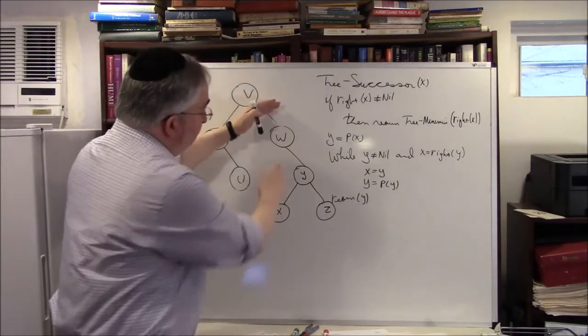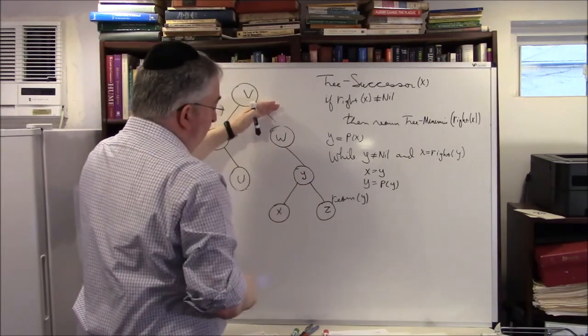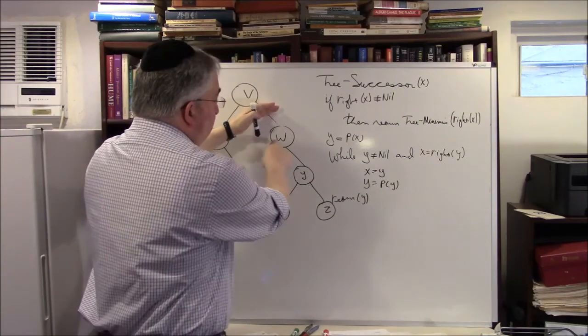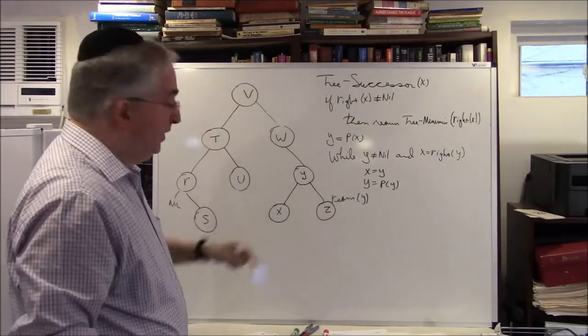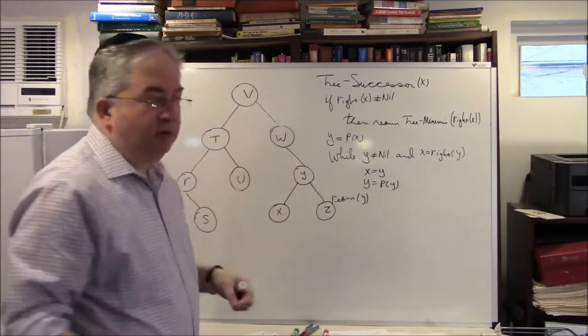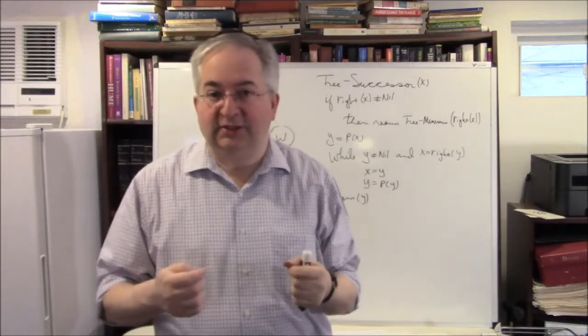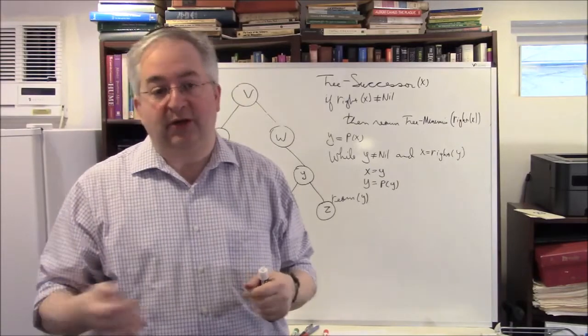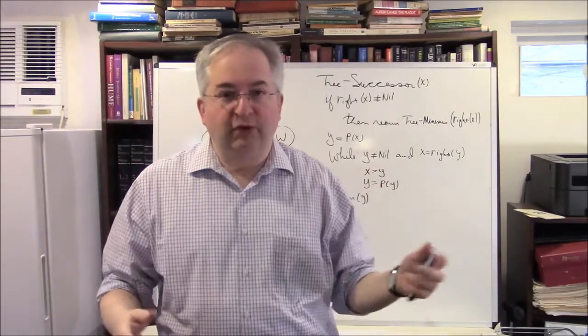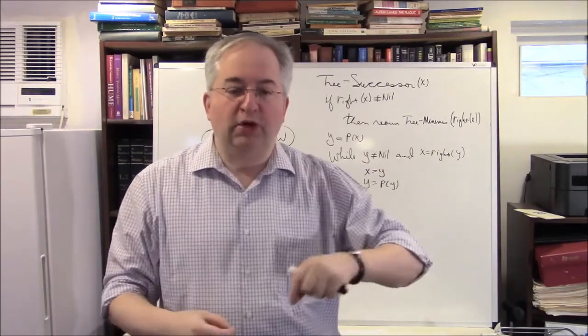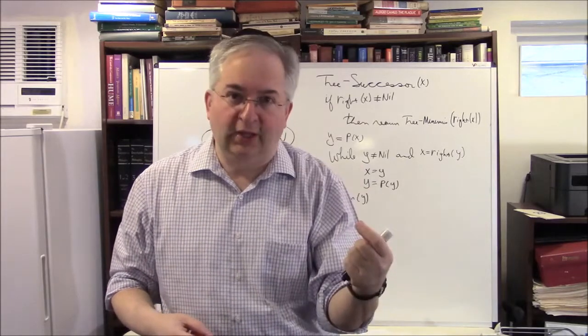Okay, then you look at the right side and you look what's the minimum here. And the answer is w is the minimum here. Okay, everything else is more than it. So we have to understand what's the successor. The successor of an element is greater than it. If you have a room full of people and you pick out one person, you want to know who's the one person older than that person.